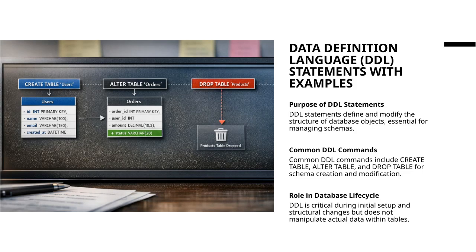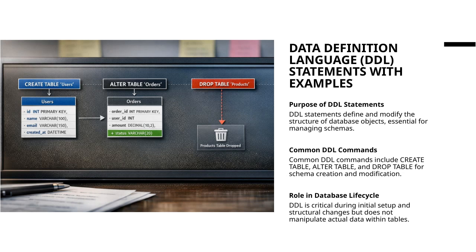Data Definition Language, or DDL, statements are used to define and modify the structure of database objects. They are key to managing the schema, which is essentially the blueprint of the database. The main DDL commands you'll encounter include create table, which sets up a new table with specified columns and data types, alter table, which allows you to change the structure, like adding a new column, and drop table, which deletes a whole table.